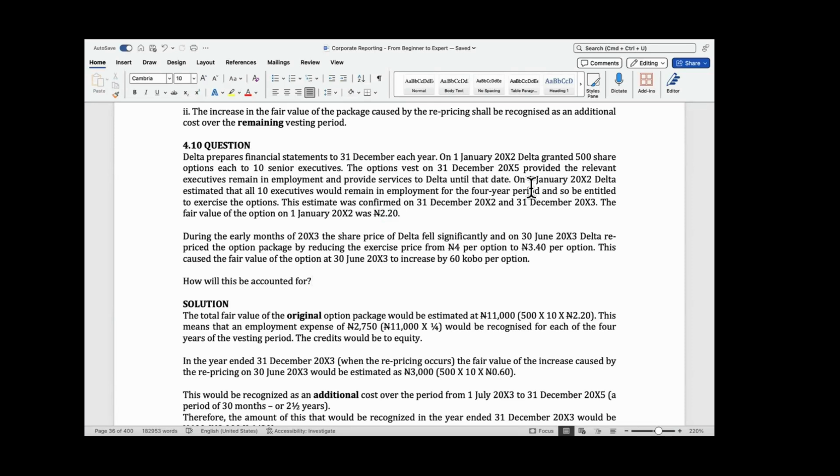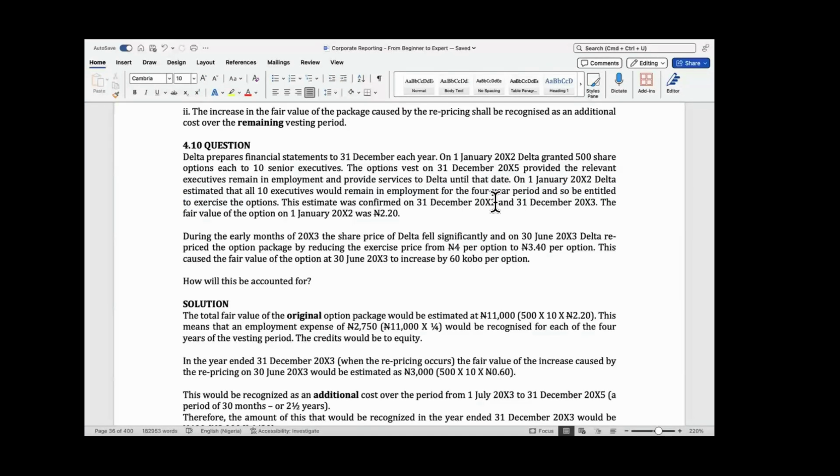Like I've told you, as I was saying, at the end of year 1, which is the end of 2002, they have already estimated that all the 10 executives will remain in employment for the 4 years.